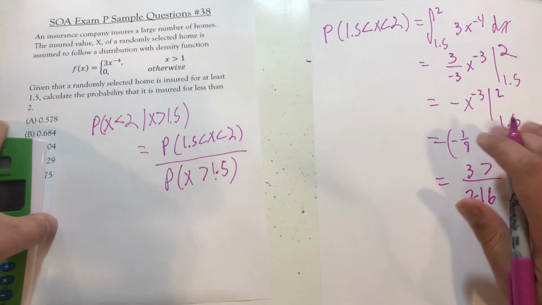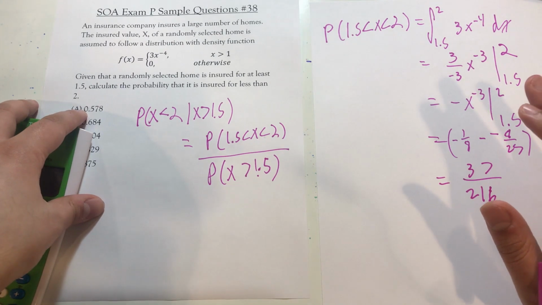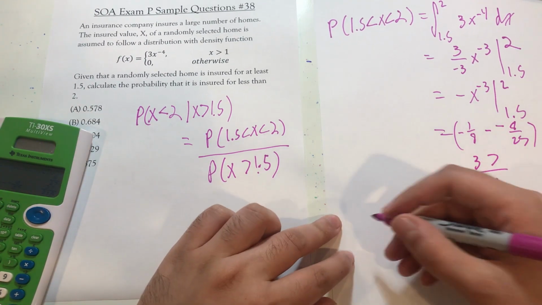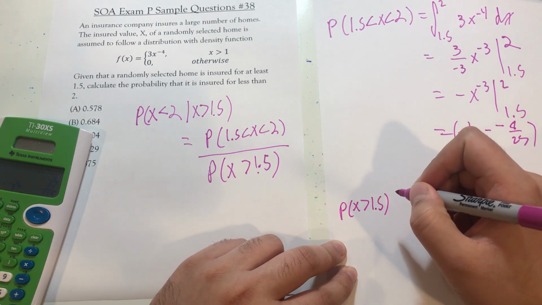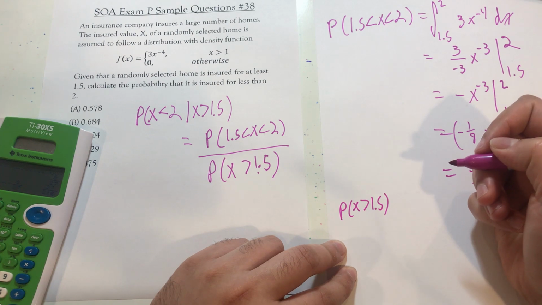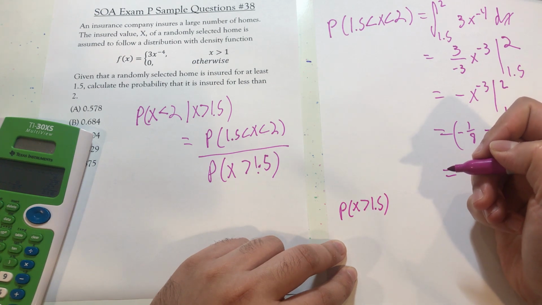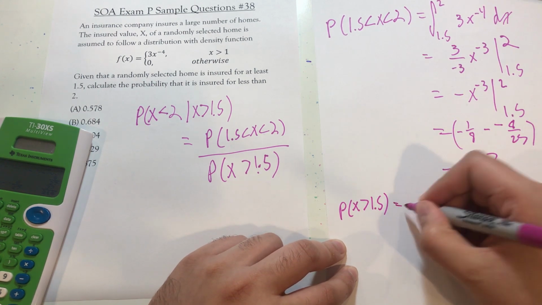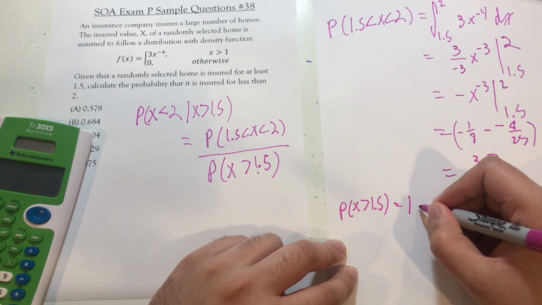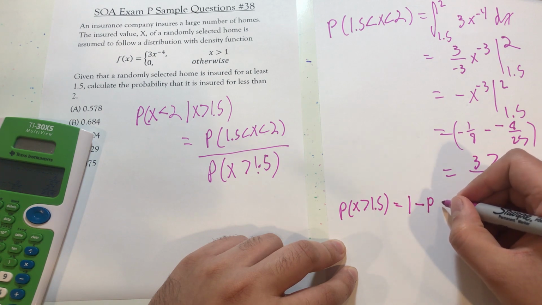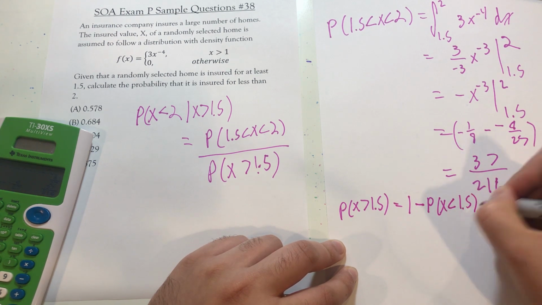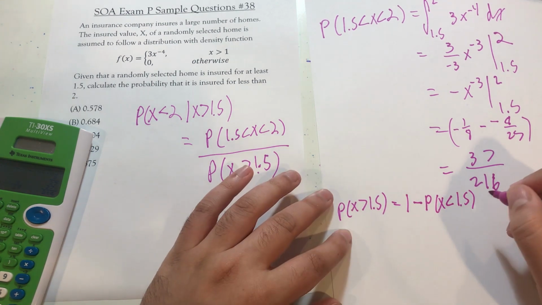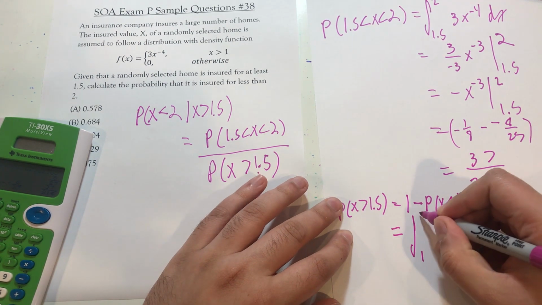Now, our denominator, admittedly a little bit trickier. So evaluating the probability that X is greater than 1.5, my bounds for that would be 1.5 to infinity, and I do not want to deal with that. So I can do the opposite. This should be equal to 1 minus the probability of X being less than 1.5, which is the same thing as X being between 1 and 1.5.